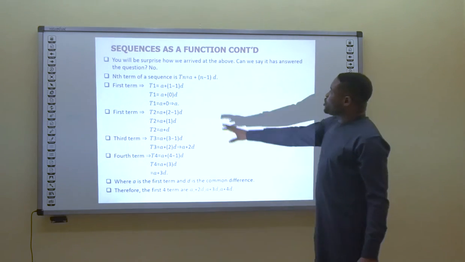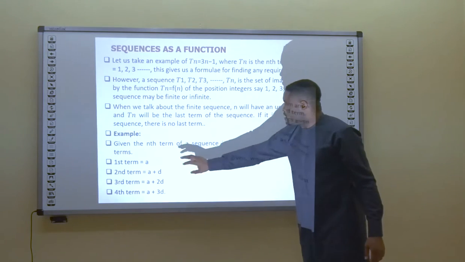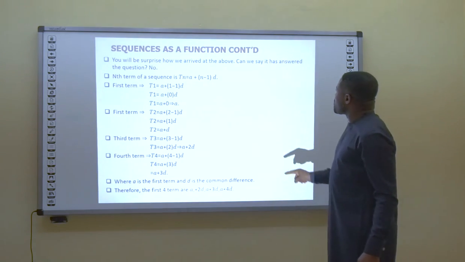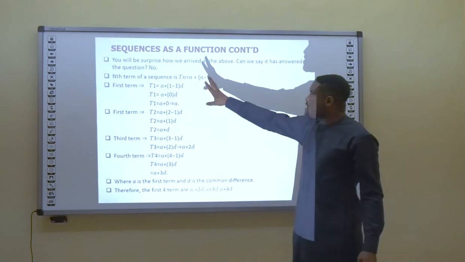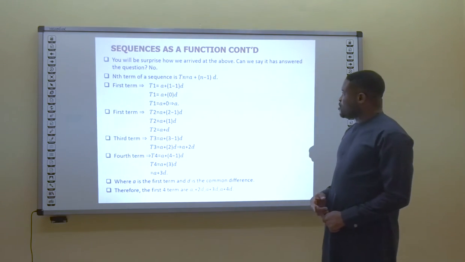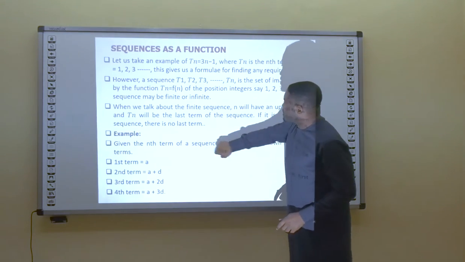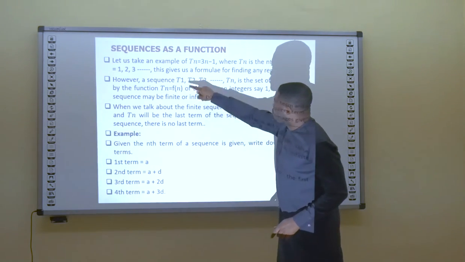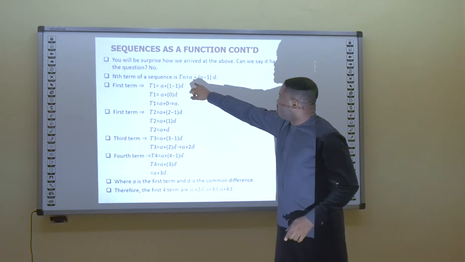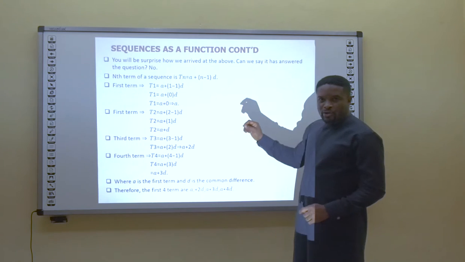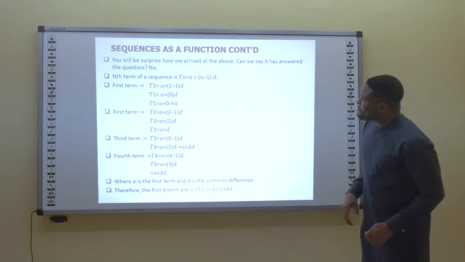Now you'll be surprised how we arrived at this. Can we say it has answered the question? The answer is no. Now the nth term of this particular sequence, when you substitute it into this formula, will be Tn is equal to A plus (n minus 1) into D.